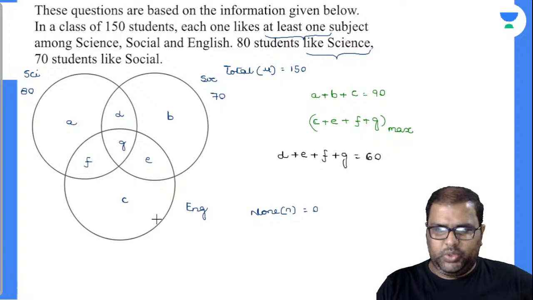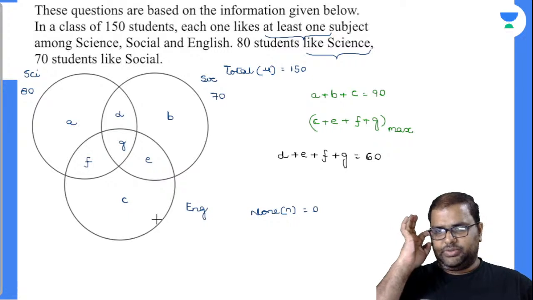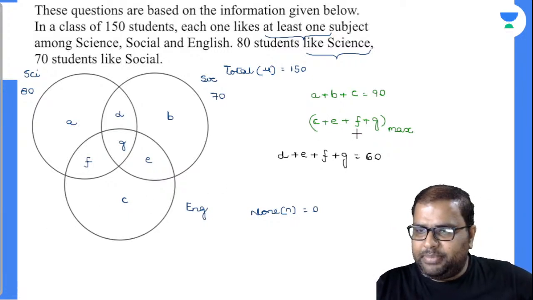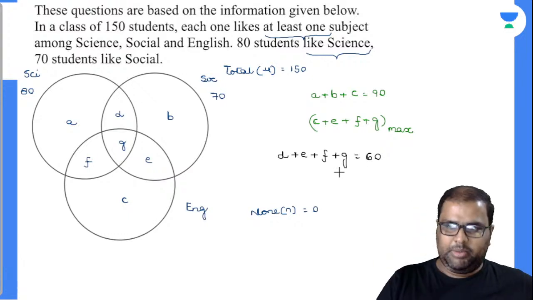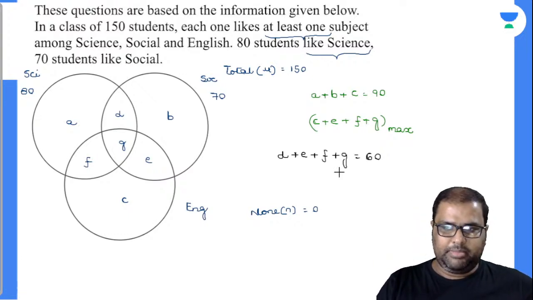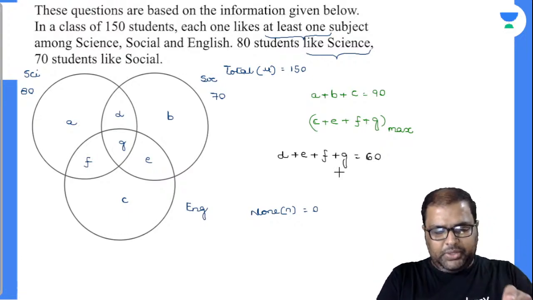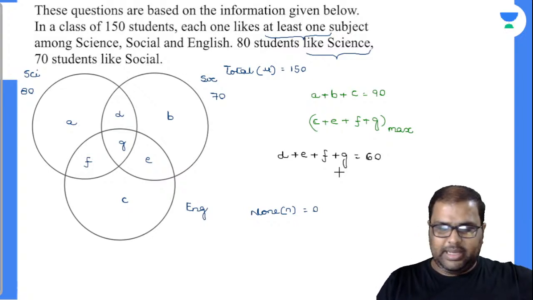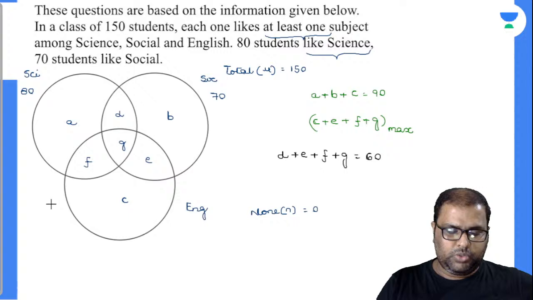So how shall we start this question? I'll do this now. D plus E plus G. Now see here, C plus E plus F plus G has to be maximum, meaning the individual values in the English circle must also be maximum.